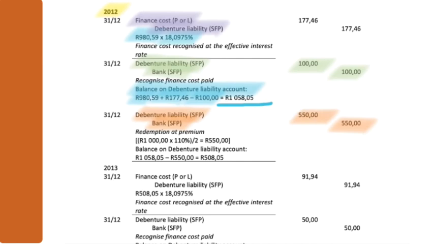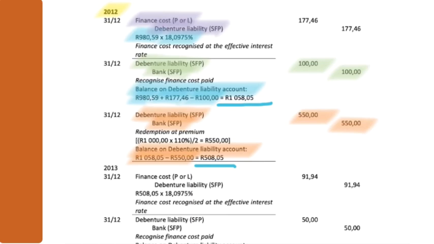And then you can recognize the new balance at the end of 2012 after the payment has been done. That balance, that final balance after all the journals are done for this year, will be the amortized cost, which will be on your statement of financial position.